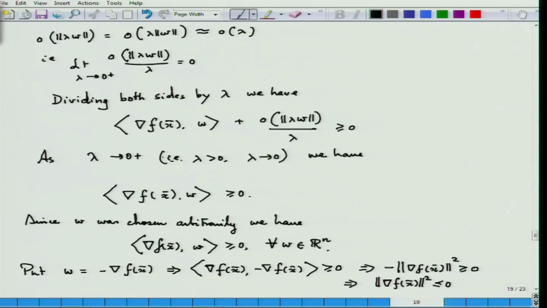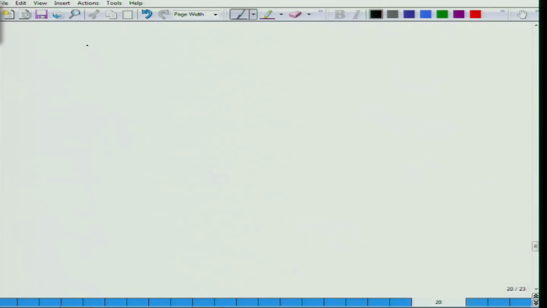So, the length of a vector cannot be less than or equal to 0 unless it is zero. So, this would imply, and you know from the property of the norm, that the gradient of f at x bar is 0.